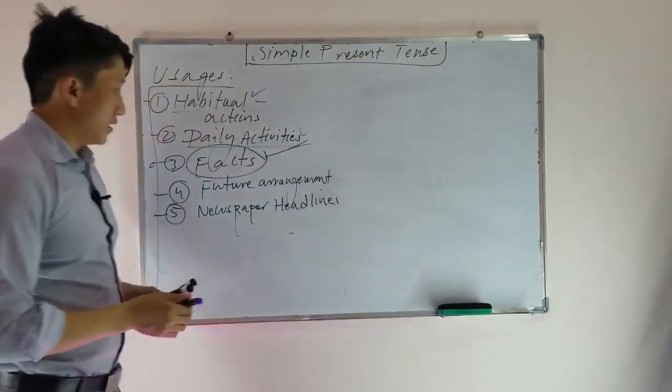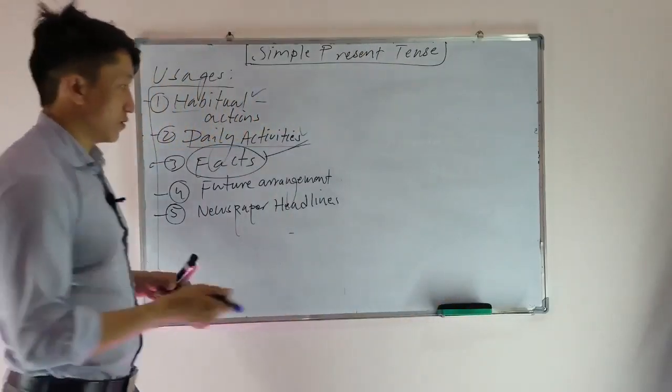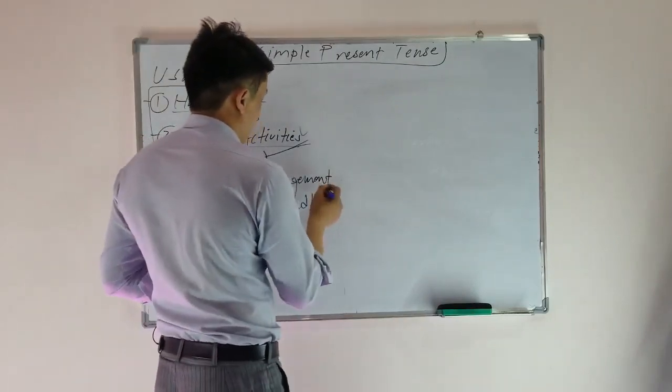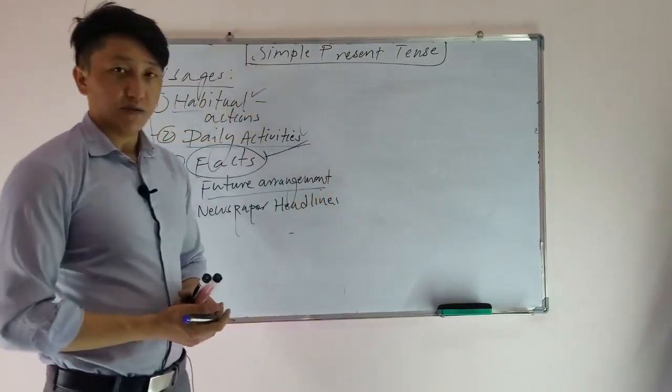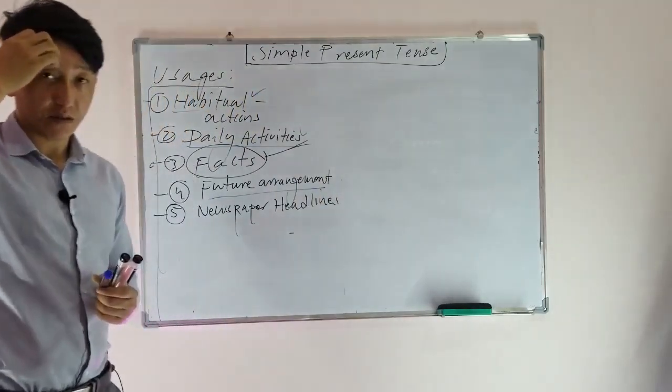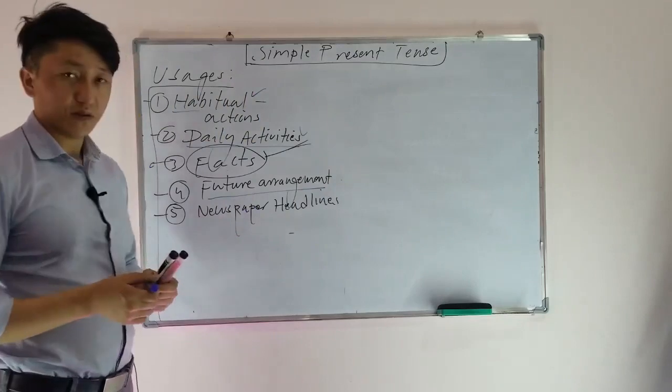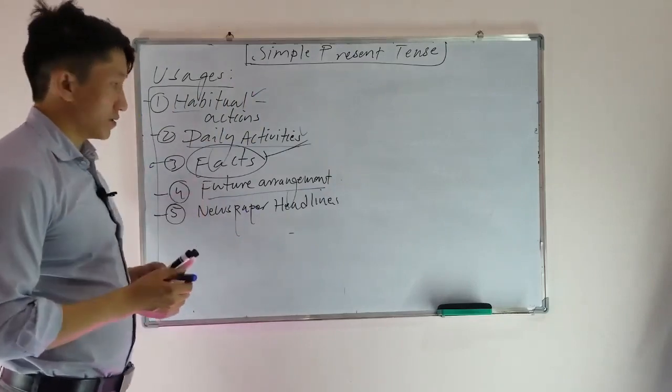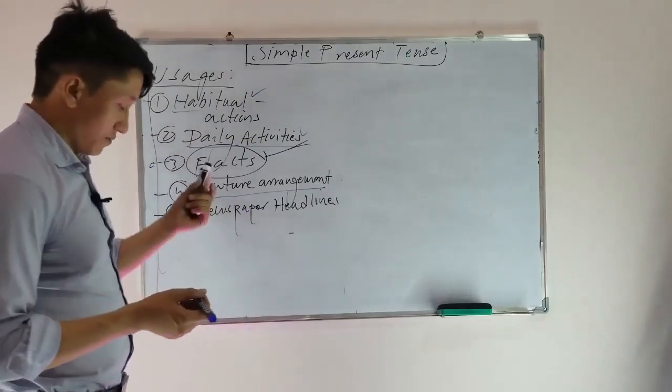Number 4, it talks about future arrangement, or we can call this a planned future. If you want to talk about a planned future, you plan it from some days ago, some weeks ago, to happen at a specific time, at a specific place. We use simple present tense.